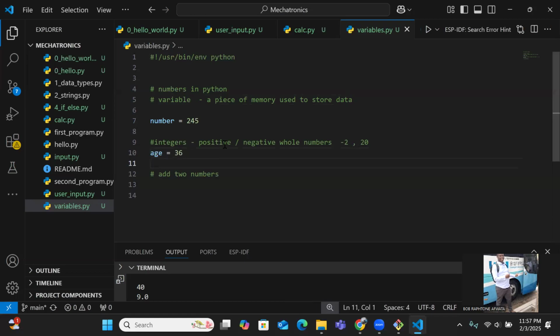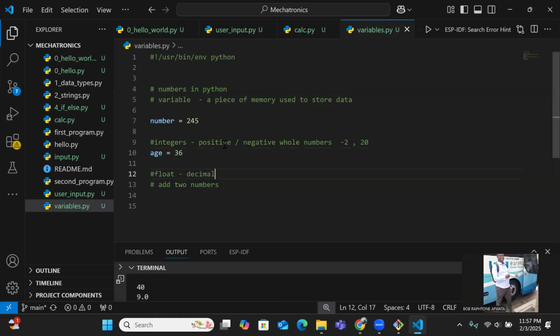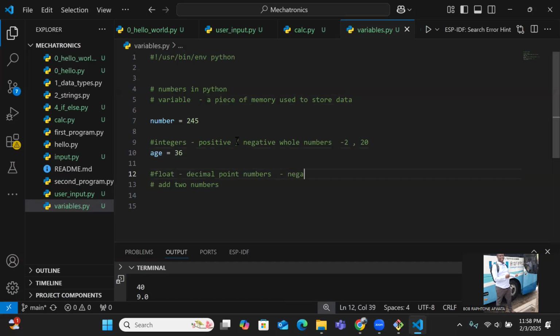The second type is what is called floating point, or float. These are decimal point numbers, and they can also be negative or positive. Numbers with a decimal point, or fractions.